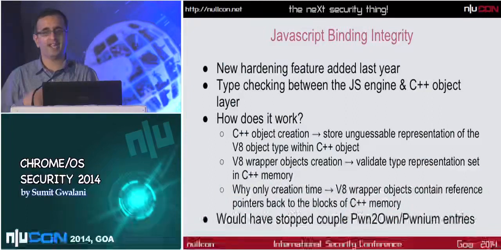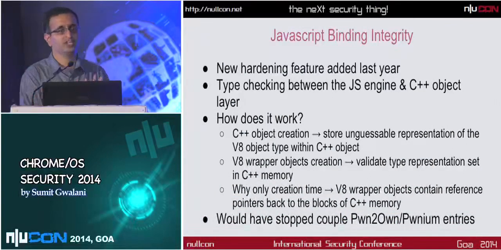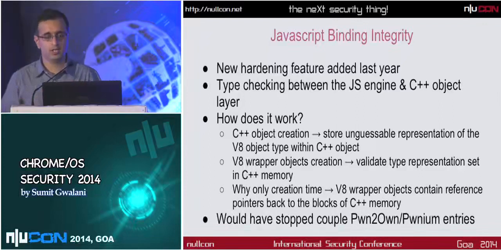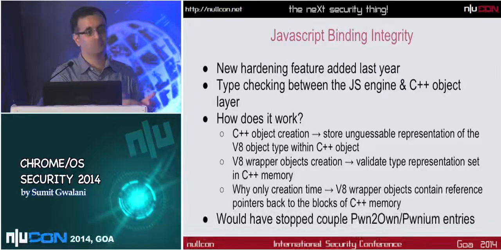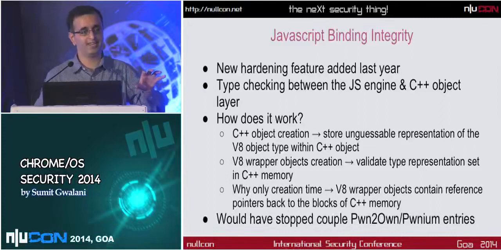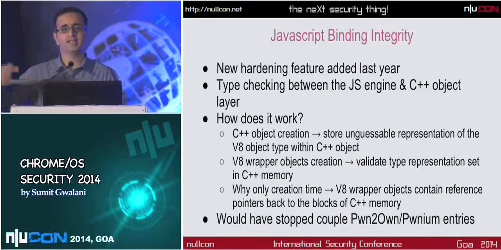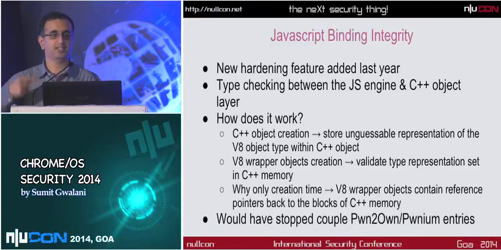And why is it okay to only do it at creation time and not at every call? Luckily for us, in V8, the wrapper objects actually contain reference pointers back to the C++ object. So you can ensure that it is still in memory and you don't have to keep checking on every single call. Otherwise, the performance risk would be high.